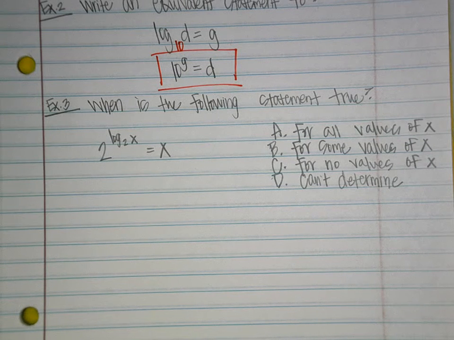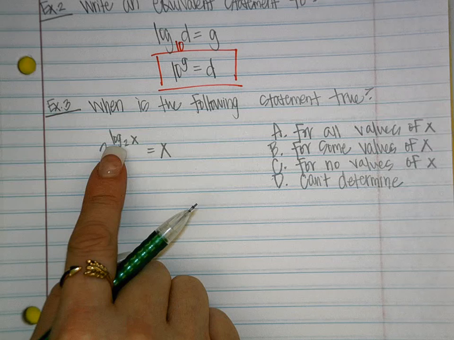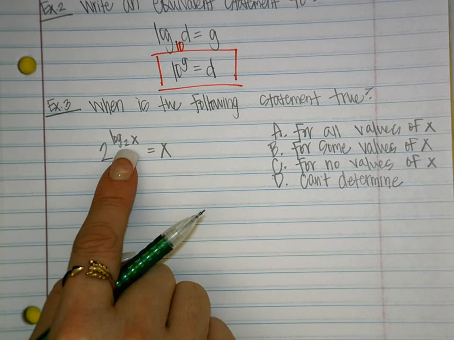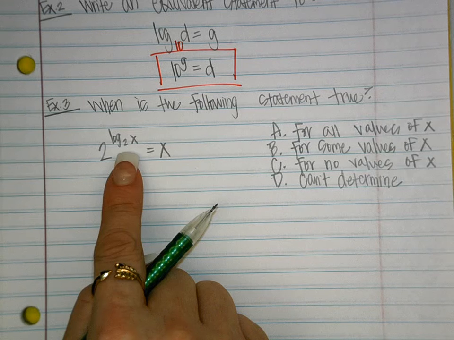What do you know about logs? Logs, I said, are allergic to what? Negatives. So where can the negative not be? The negative can't be right next to the log or on the same level as the log.